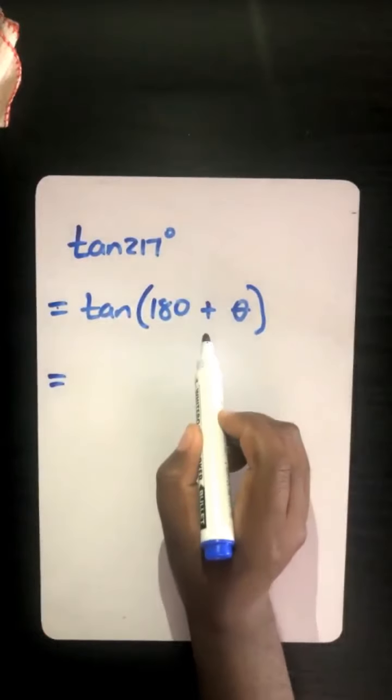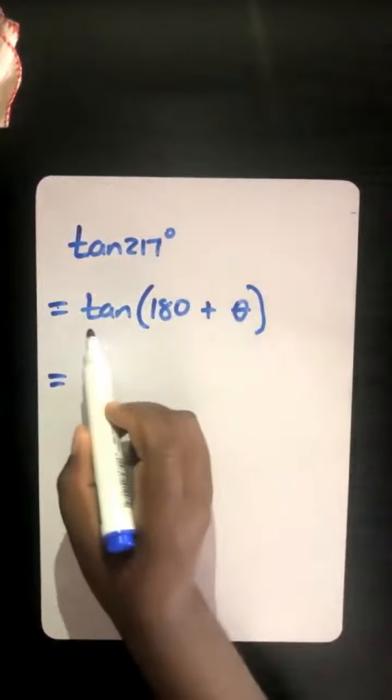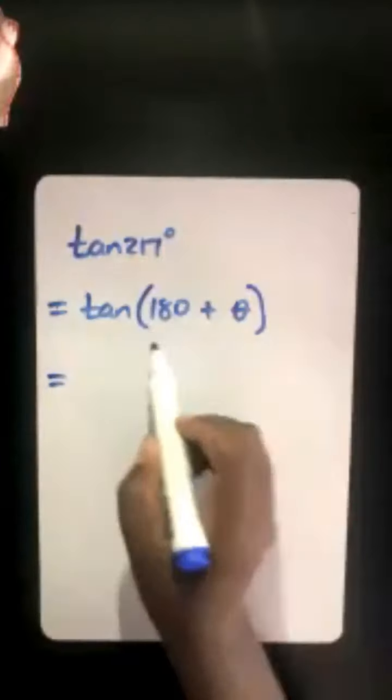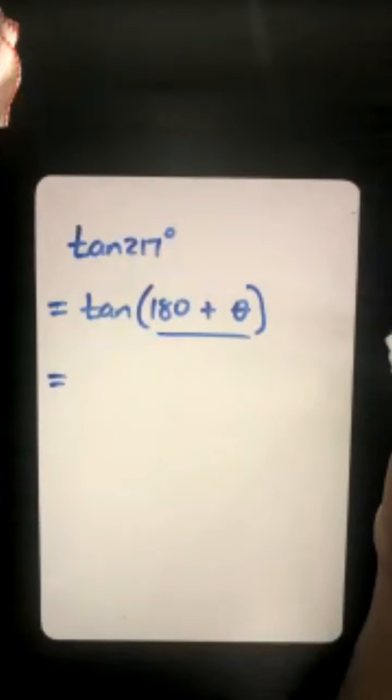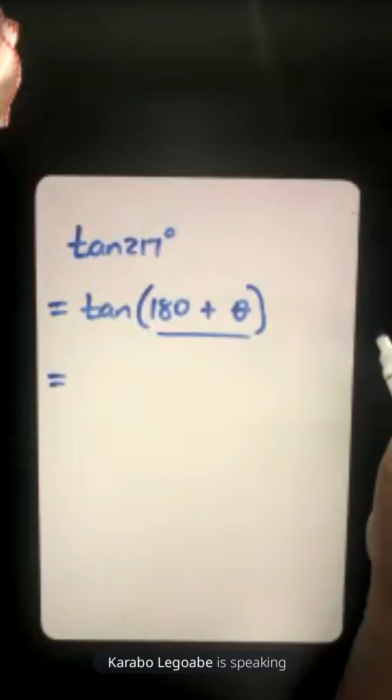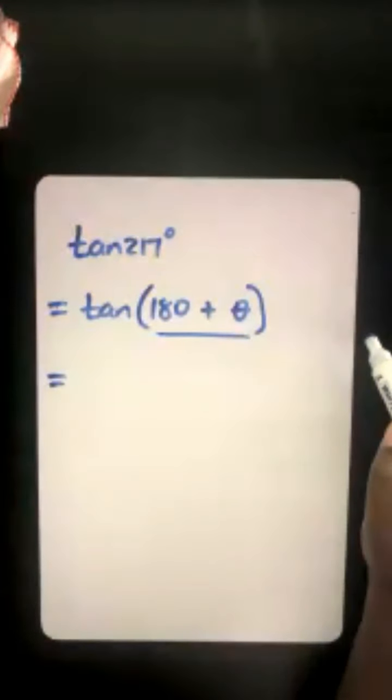So LB, here comes a question. In which quadrant does this angle fall? Third quadrant. So what makes you say it falls in third quadrant? I'm looking at the trig ratio.